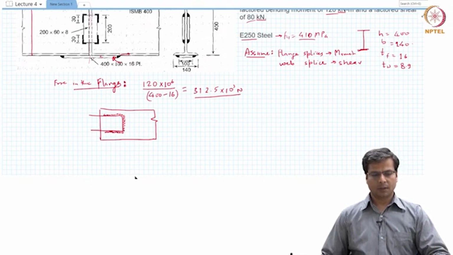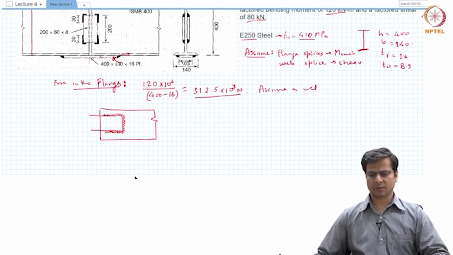Now we know that this much force, 312.5 into 10 to the power 3 Newton, has to be transferred. Let's assume a weld size. This is an iterative process, I have already done these iterations, so I know that this type of weld would work. Weld of 8 millimeter size.